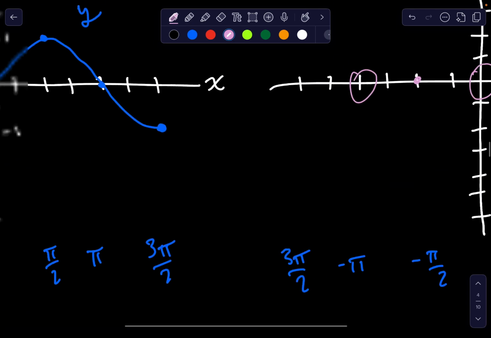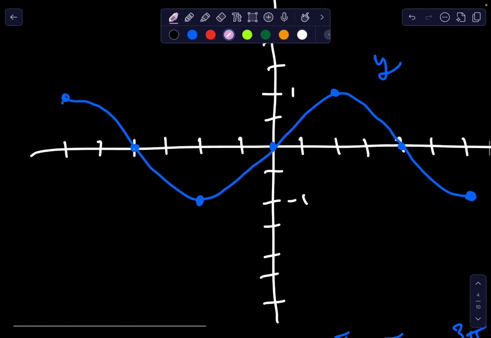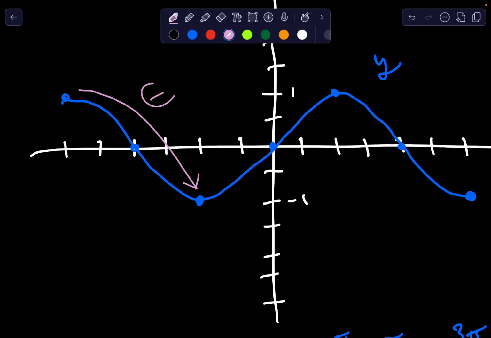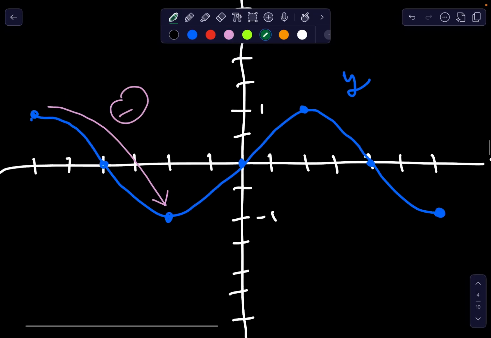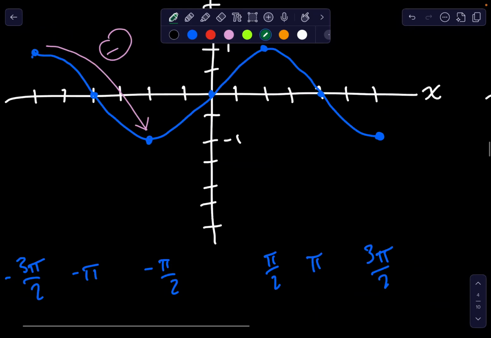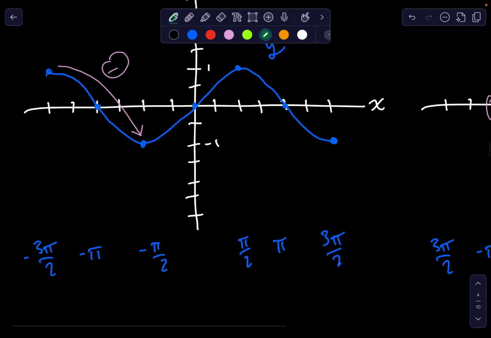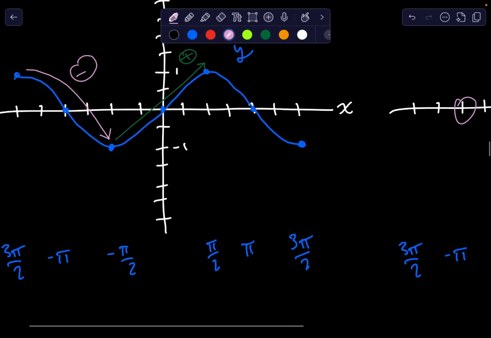All right, so let's do this again. We just have a negative slope. We're still decreasing right here, negative slope. But everything from negative pi over 2 to pi over 2, we're increasing, positive slope. And then once again, after pi over 2, we're decreasing again.